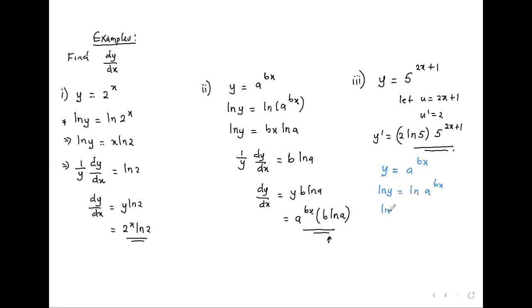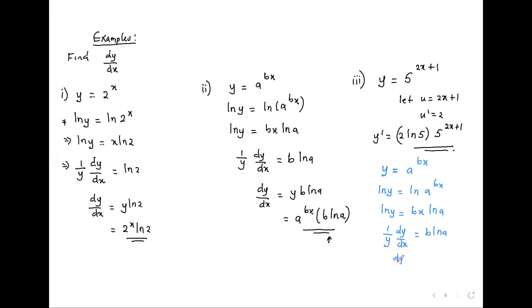Then you keep ln y, drop the whole power, bx, then you remain with ln a. When you differentiate on the left, you differentiate y, you get 1, and then divide by y, the way of differentiating ln. And then because you differentiate y, you write dy/dx, which is equal to differentiate bx, you get b. And then ln a is just a constant, it remains there.